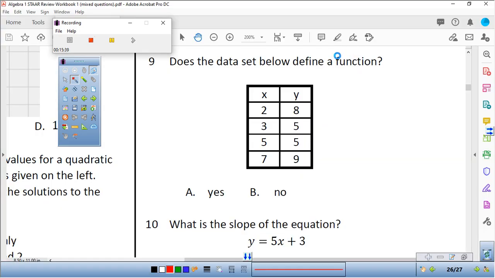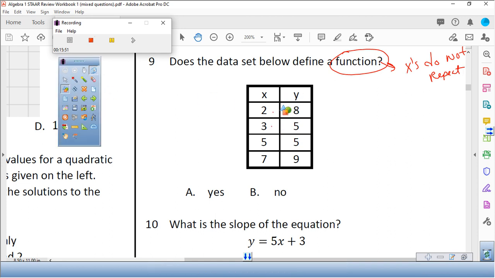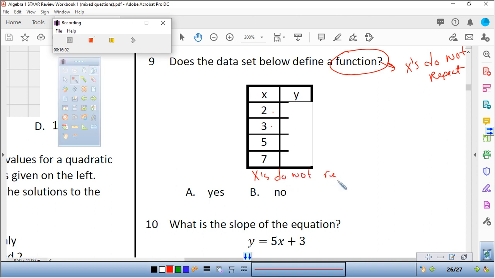Okay, function. If it's a function, guys, your x's do not repeat. X's do not repeat, so it is a function.